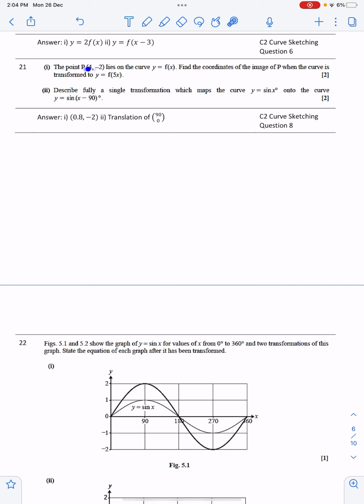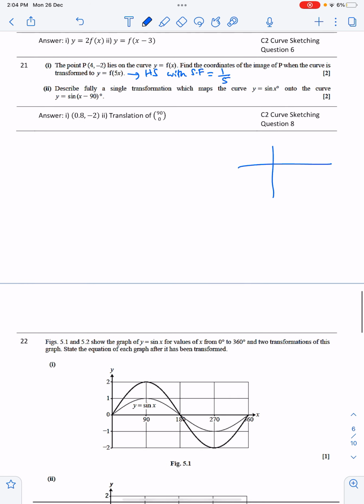Question number 21. The point P (4, negative 2) lies on the curve y equals f of x. Find the coordinates of the image of P when the curve is transformed to y equals f of 5x. It's a horizontal stretch, we know. Horizontal stretch with stretch factor 1/5. So we know that the point is (4, negative 2), which is 4 here, negative 2 here. You have to give it a horizontal stretch with stretch factor 1/5.